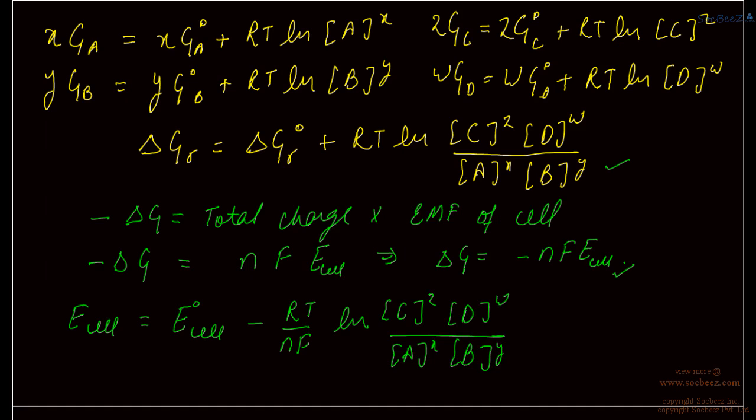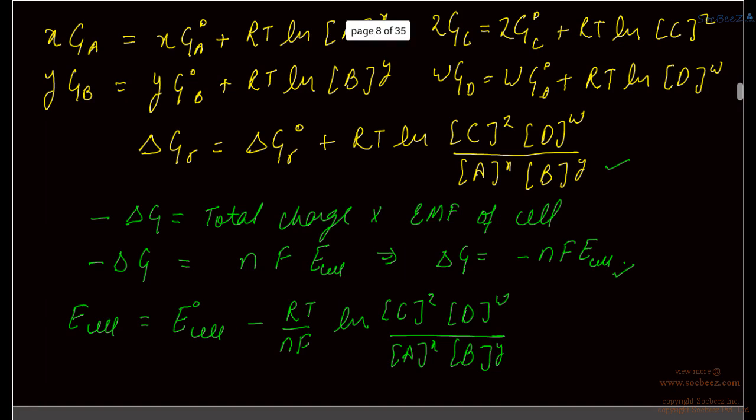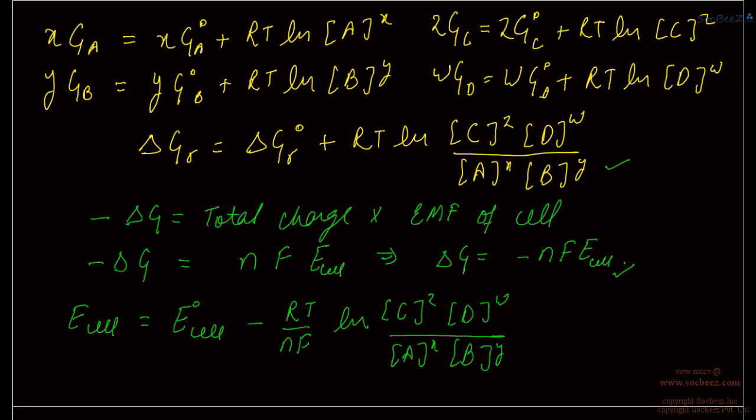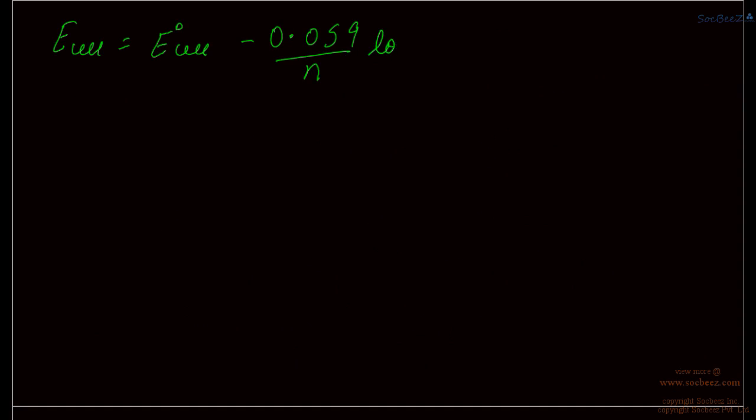If we substitute the constants, R equals 8.314 joule per mole per Kelvin, F equals 96500 coulomb, and consider the temperature at 298 Kelvin, that is room temperature, then E cell comes out to be E naught cell minus 0.059 upon n log of concentration of C to the power z, concentration of D to the power w, upon concentration of A to the power x, and concentration of B to the power y.